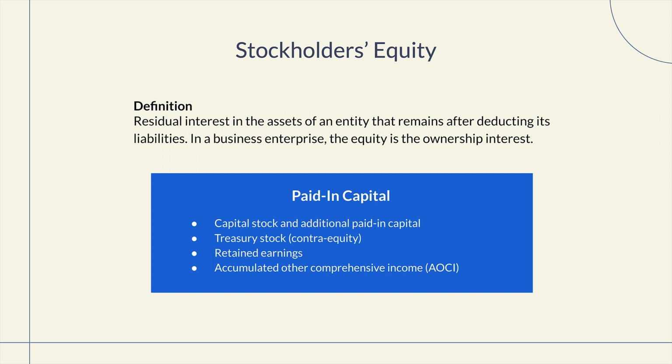Other comprehensive income refers to the changes in stockholders' equity other than transactions with owners and other than transactions that affect net income. We accumulate these items of comprehensive income in the accumulated other comprehensive income account, just like we accumulate each year's net income in retained earnings. This will be discussed in more detail in Chapter 4.